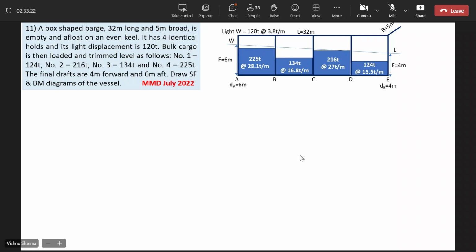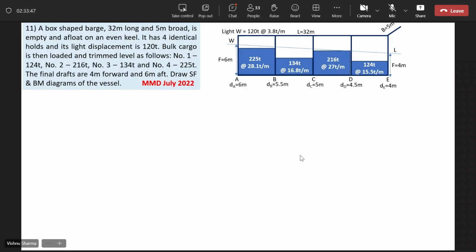Then what will be the draft at C, class? 5 meters. What will be the draft at B? 5.5, the mean of 5 and 6. Yes, and likewise D will be 4.5. Am I right? Correct?